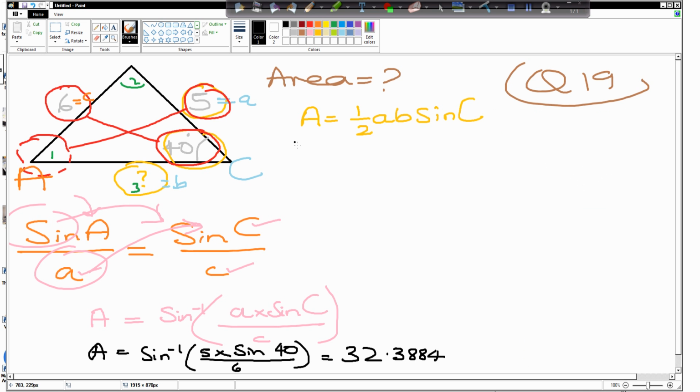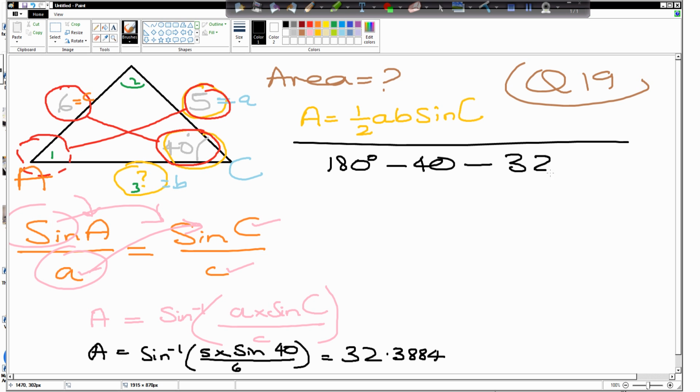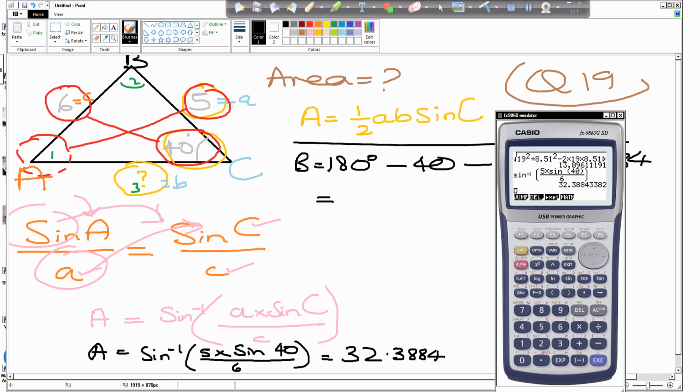So for that next part, we do 180 degrees minus the 40 that we already know, which is over here, minus the angle that we've just worked out now. And that will give you this angle here, which is big B. Okay, so we get a calculator out.